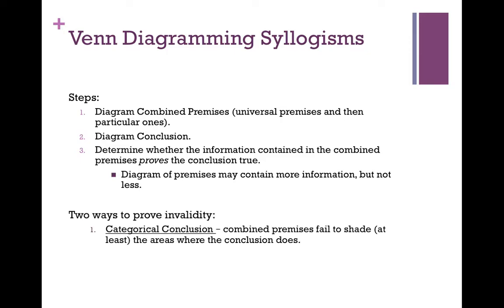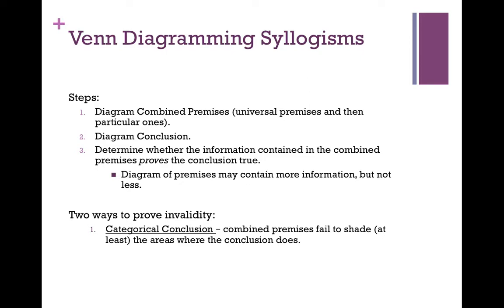When we have a universal conclusion, basically what we do is, when we diagram the conclusion, the regions that we shade in the conclusion also have to be shaded in the combined premises. Now the combined premises may shade more, but they can't shade less.